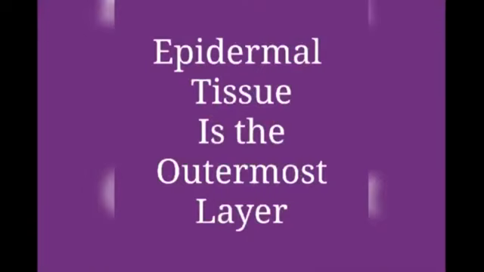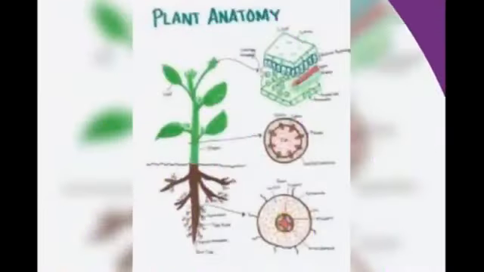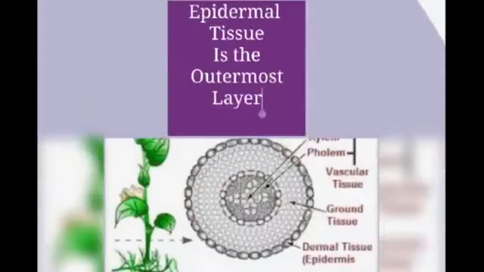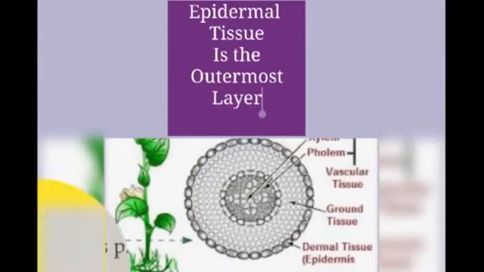The epidermal tissue is the outermost layer for the root, stem, and leaf. All parts of the plant consist of epidermis. It is the outermost layer made up of a single row of cells. You can find that in the picture. A single row of cells is present, arranged one after another without intercellular space.